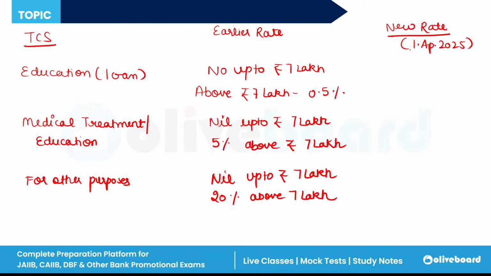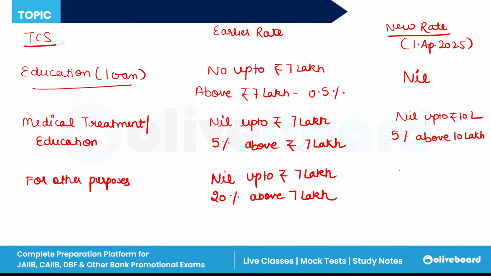The new rate will be: in the case of education that is financed by a loan, there is no TCS. In the case of medical treatment and for education that is not financed by a loan, it is nil up to rupees 10 lakh and 5% above 10 lakh, right?